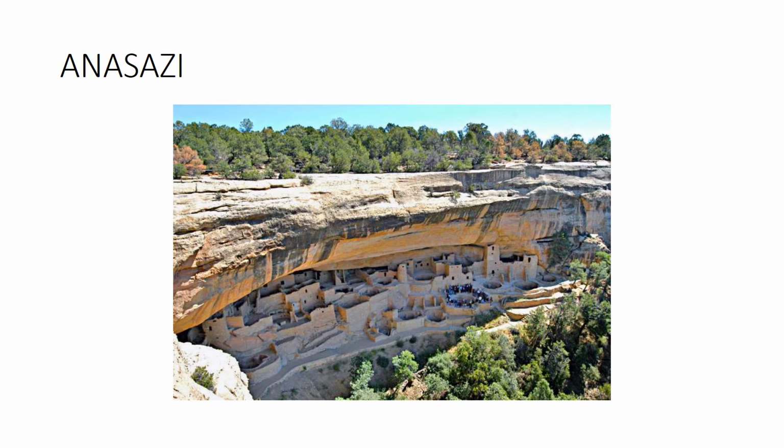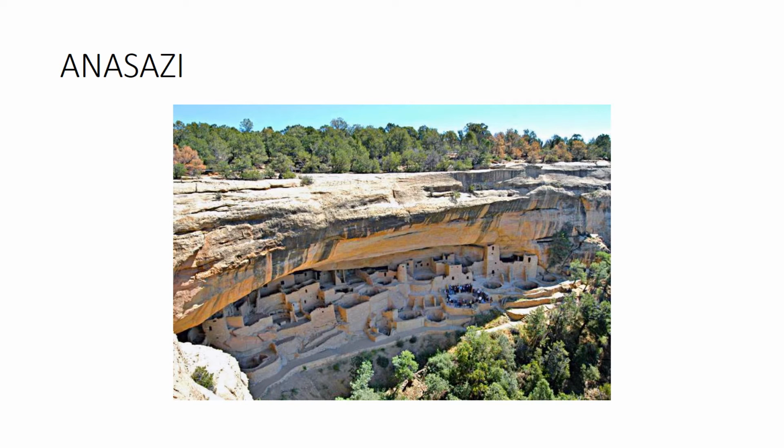And at some point, probably in the 12th or 13th century, because we know there was a huge drought in North America for almost 100 years, due to the drought, this area, they weren't able to get to the resources that they needed. Those resources dried up, and they probably, out of necessity, moved down out of the mountain and down onto the valley floor below, and probably became the ancestors of some of those people that the Spanish later met.